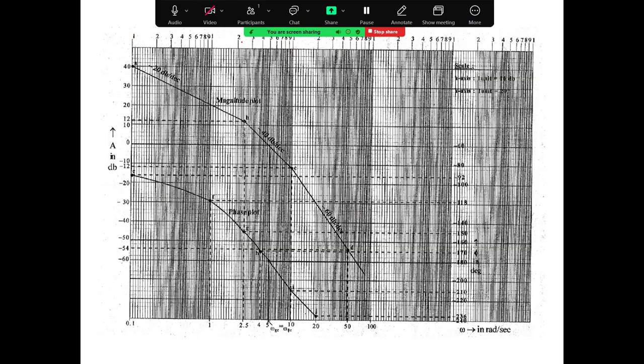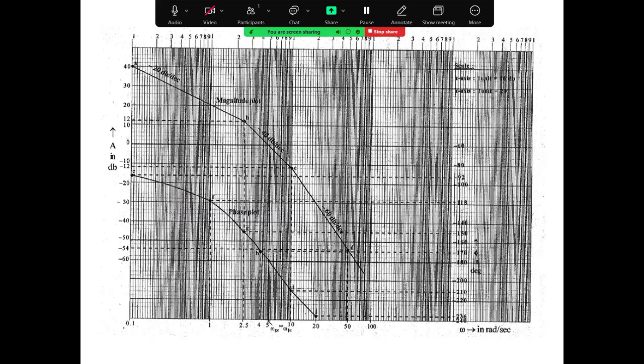So here 1, next decade frequency 2, 3, 4, 5, 6, 7, 8, 9, 10. And then 20, 30, 40, 50, 60 and so on 100, 200, 300 and so on 1000. So 2000 and so on 10,000 like that, right? I hope it's already everyone knows that. Then take the magnitude values on this y-axis and the frequencies on that x-axis.